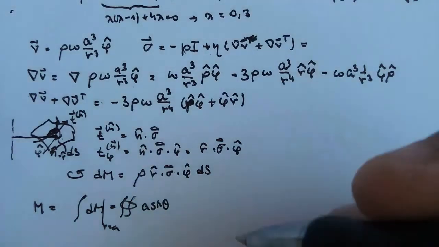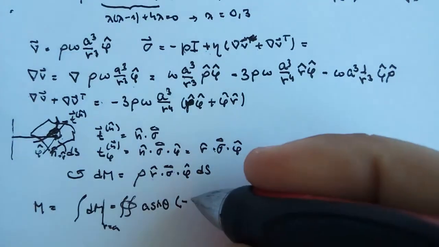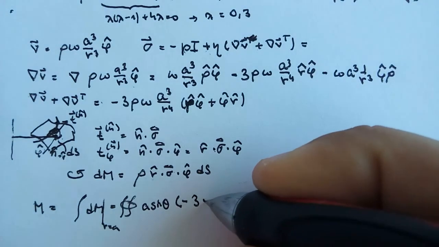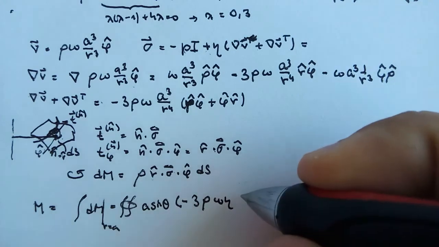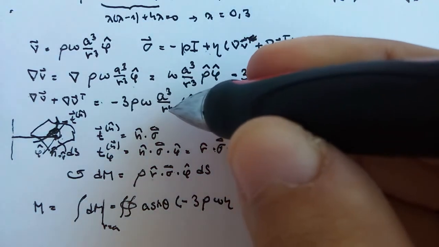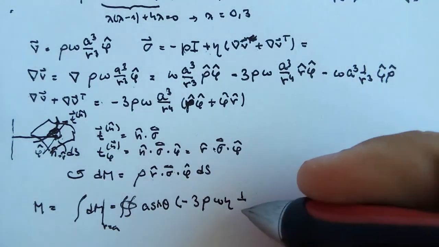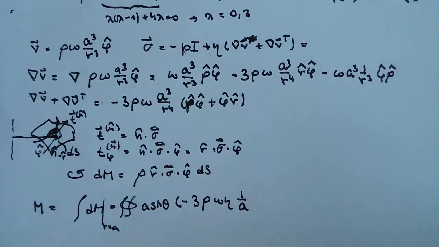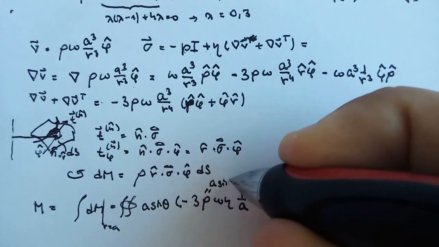So it's actually minus 3 rho omega eta a cubed over r to the 4th power, which is 1 over a, and r is actually a times sine of theta.